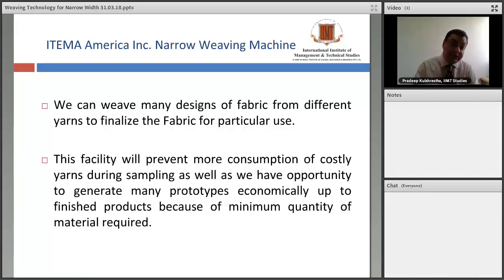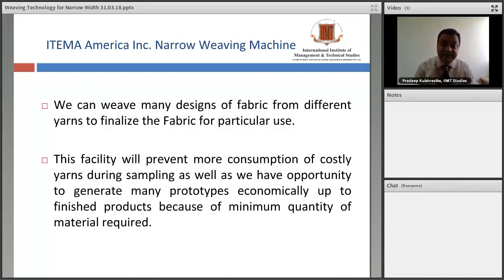Now, on the ITMA American narrow weaving machine, we can weave many designs of fabric from different yarns to finalize the fabric for particular use.